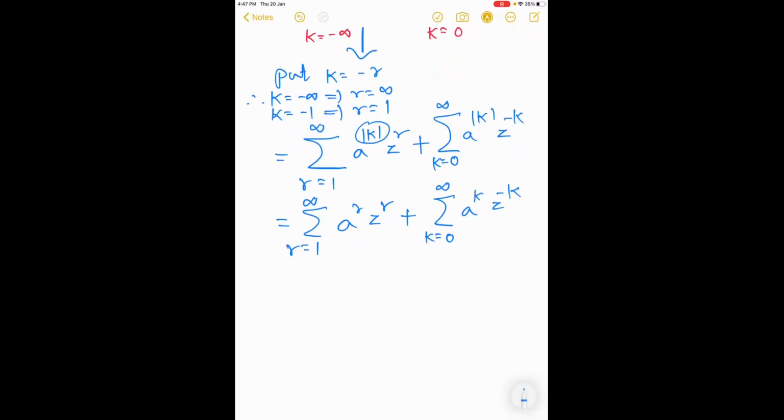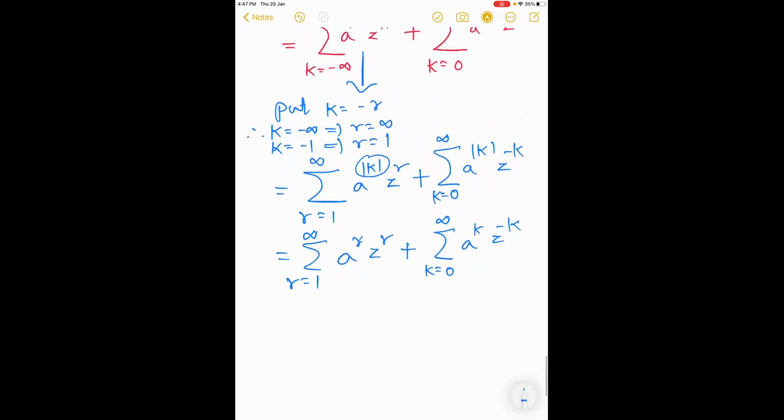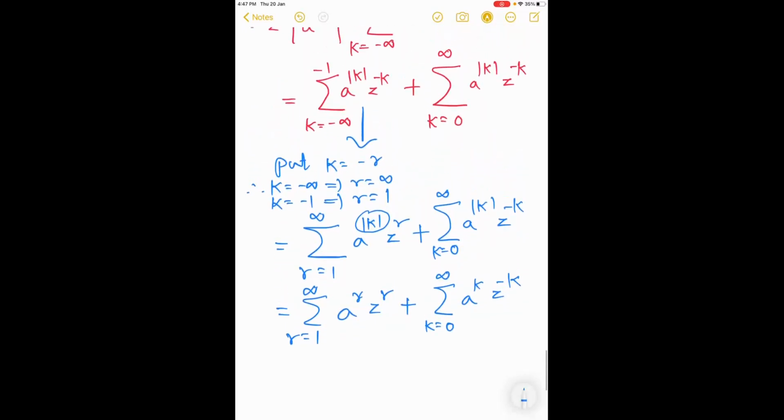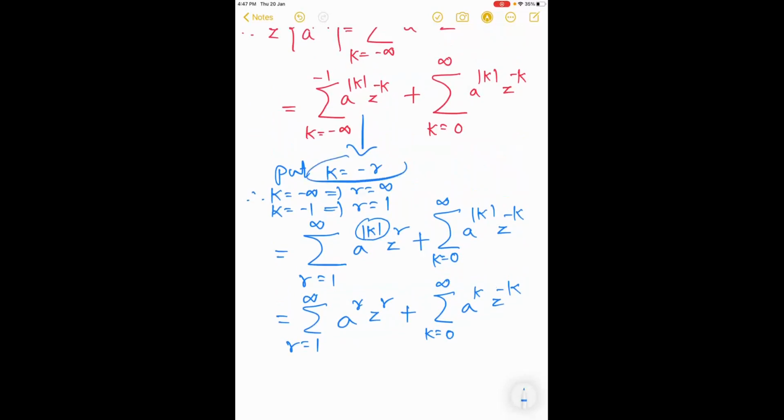This adjustment, did you understand? In the first summation only, we are putting k is equal to minus r, and modulus of k means positive only. So first term is also a raised to k, second term is also a raised to k. Only the r range is different.